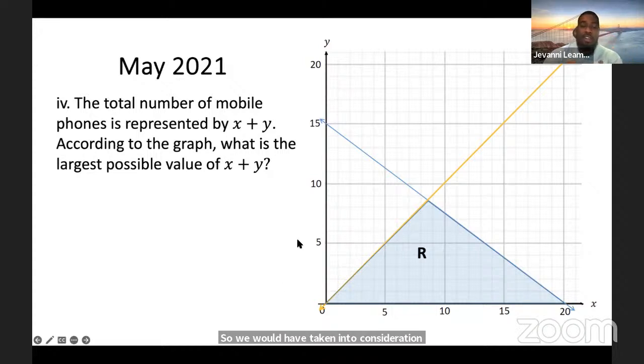What are some of the vertices that we have based on this graph? Continue. 20, 0. What are the other vertices? Yeah, 0, 0.